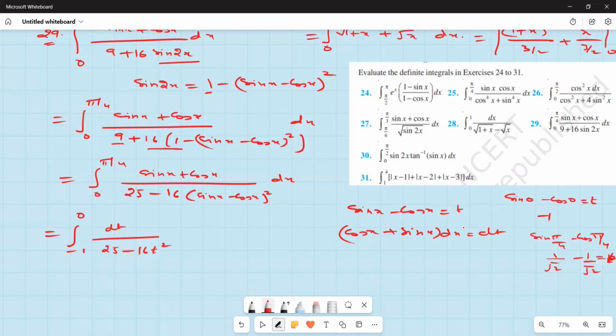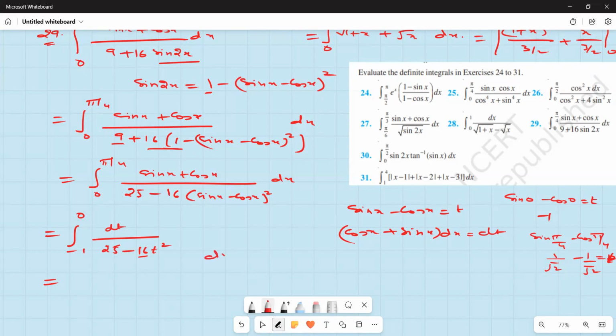Or you can solve this by indefinite integral and in the last, you can put the limit. I have shown you both ways you can do it. Now take 16 common, otherwise you have to remember that you have to integrate that. So a square minus x square, that is a log formula, na? So use that formula and find out the answer. Clear?